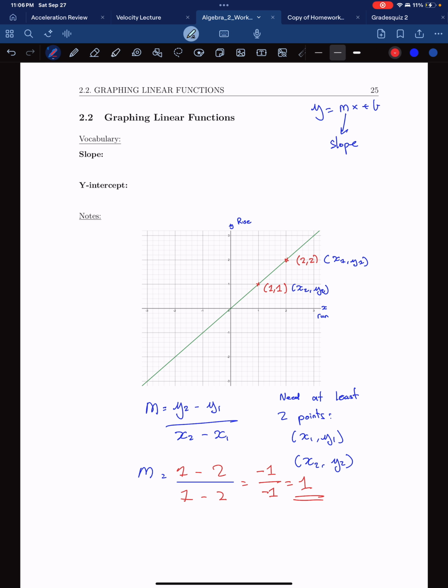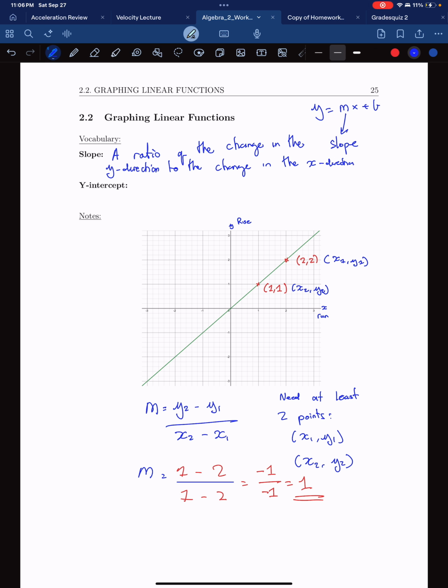So we see it's a ratio of the change in the y direction to the change in the x direction.